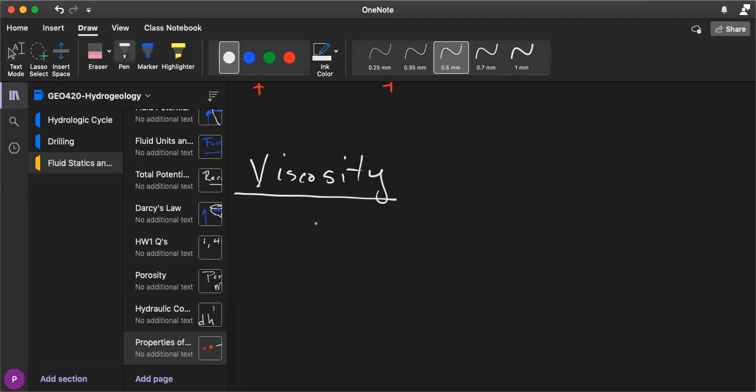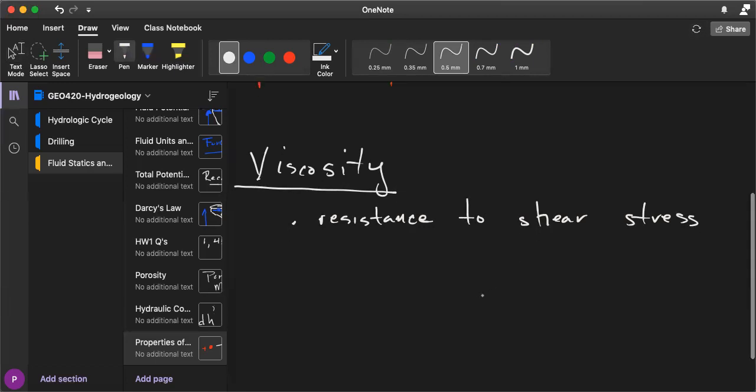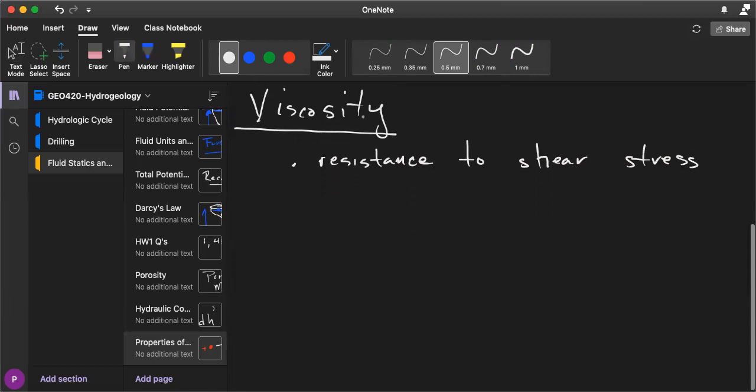All right, so let's try and make this a little more formal and say that viscosity is the resistance of the fluid to shear stress. All right. So we can think about viscosity in this way. Let's say I've got two parallel plates.